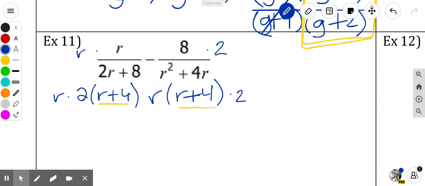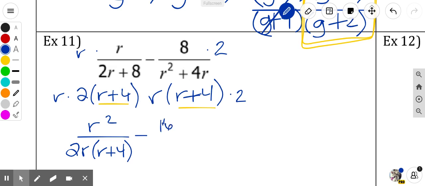So on the left, our numerator is r squared. Our denominator is 2r and then r plus 4. This is minus, there's a 16 on the top, because 8 times 2 is 16. And then this denominator is 2r and r plus 4.